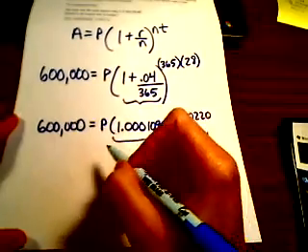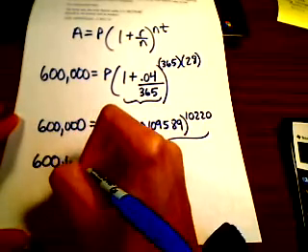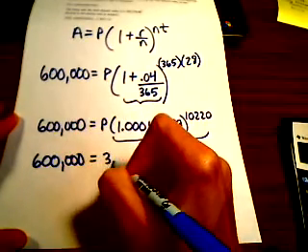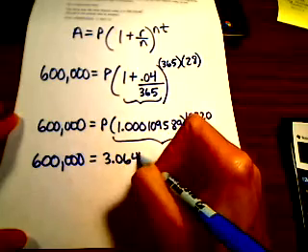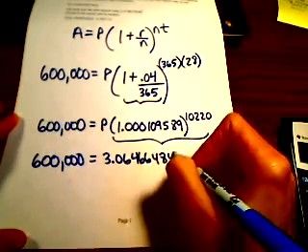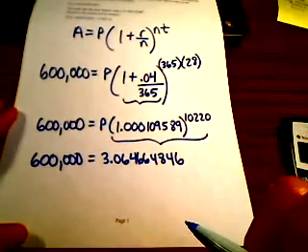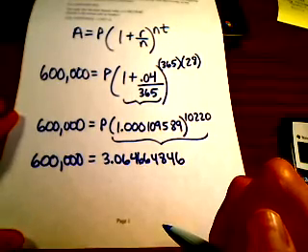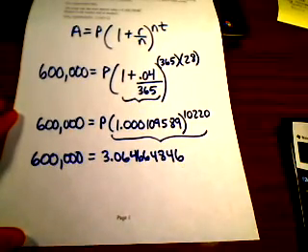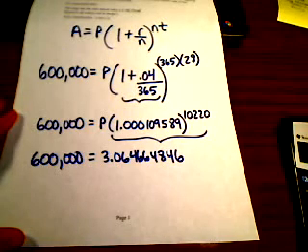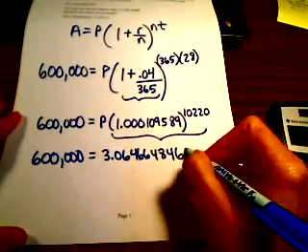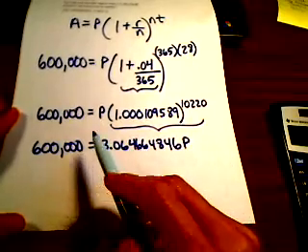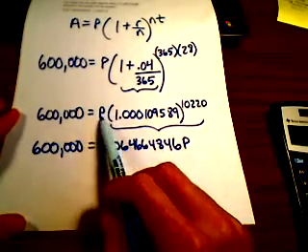Okay, so you should get now 600,000 equal to 3.0646648446 is what I'm getting there. Okay, and I think that's right. I feel like for some reason I made a mistake. Let me look. Nope, that looks right. And then we have our P coefficient, our P variable right there.